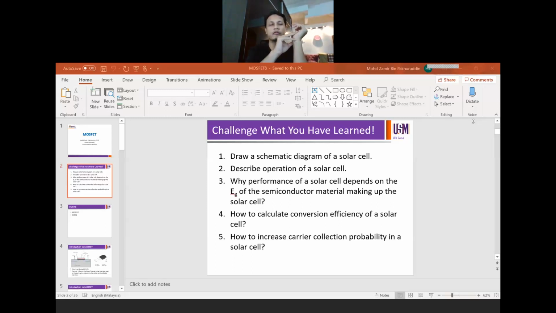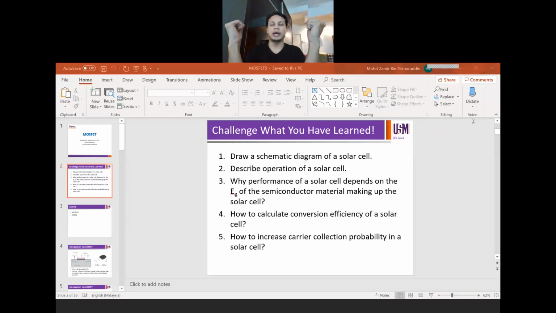Therefore you can't harvest the whole spectrum just by using a single material, but instead if you go for a double stack like a tandem cell with two solar cells in one, that means you're going to have a top cell on a bottom cell, or you have triple junction, 3 junctions or more, 4, 5, 6, then you're going to be able to harvest a wider spectrum of the incident light.